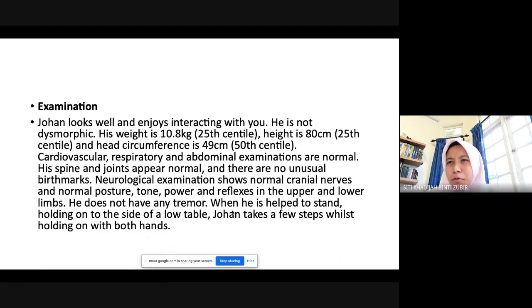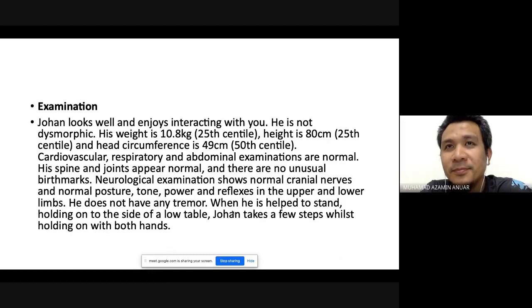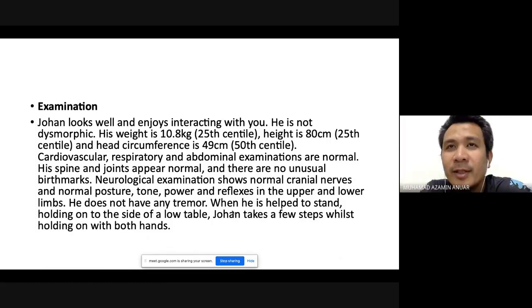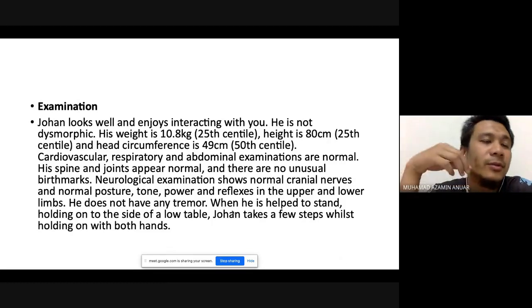From the prone position. Macam mana? Macam mana kita nak suruh dia buat Gower sign? Apa instruction yang you want to give to the child to do?